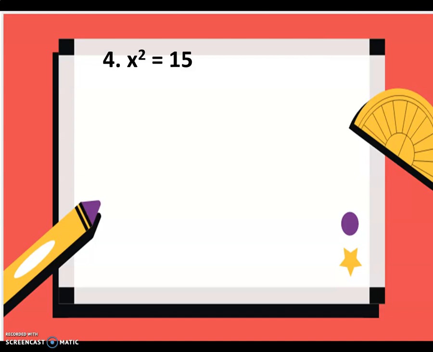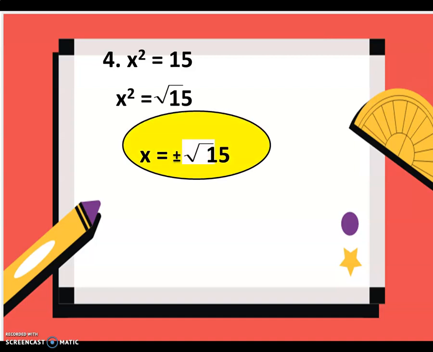So, since hindi naman siya perfect square, ang gagawin na lang po natin is just find its square root, but no need for us to extract the square root kasi hindi naman po siya perfect square. So, therefore, the roots are either positive or negative square root of 15.